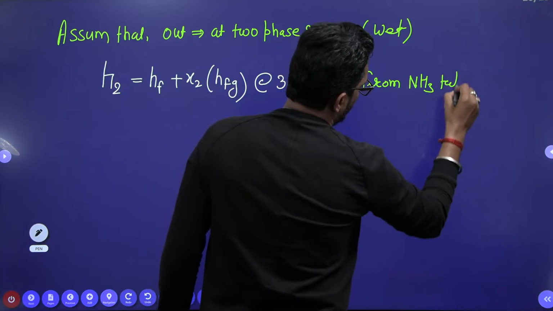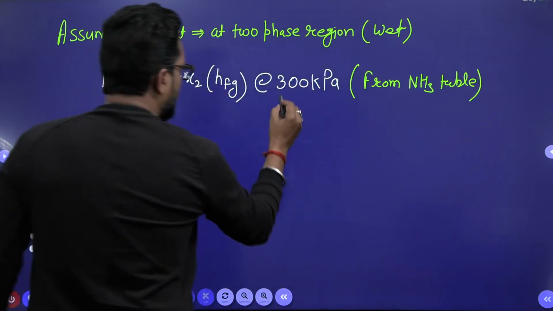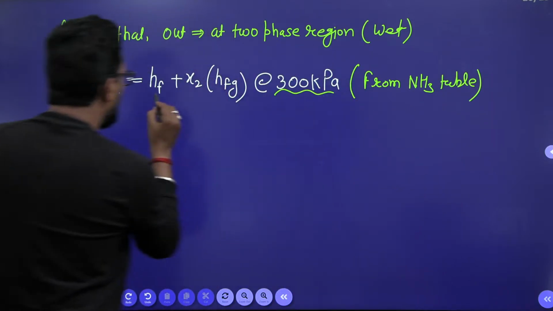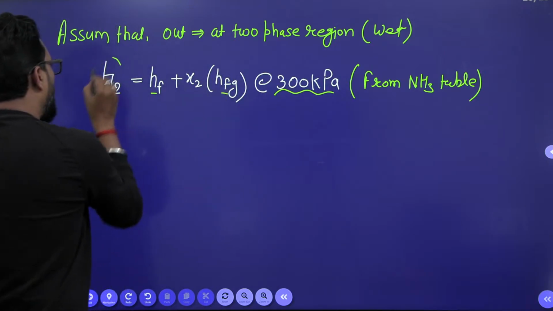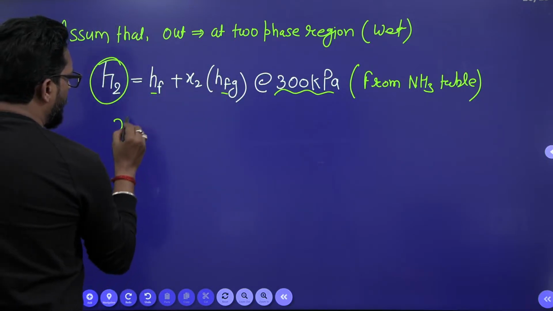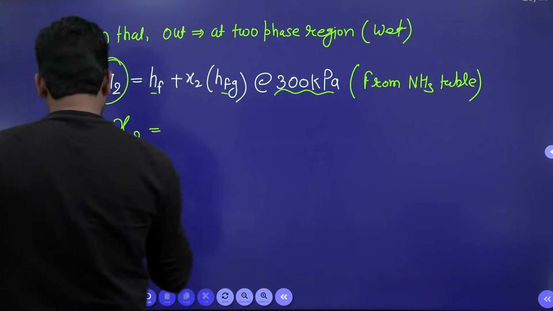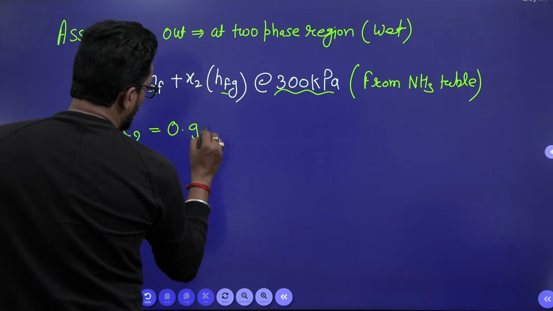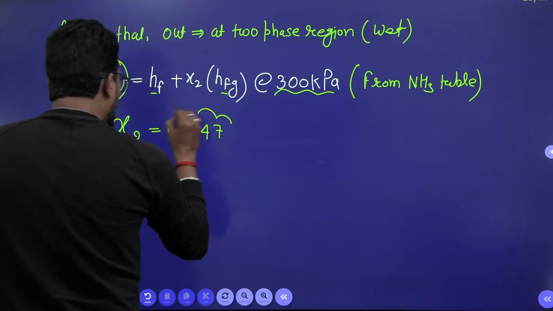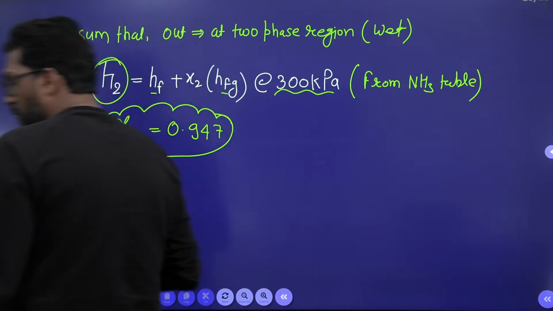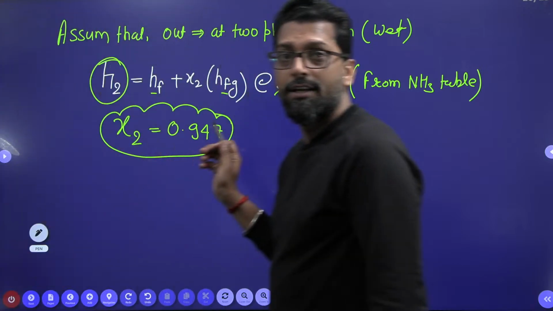If you have hf and hfg at 300 kilopascal, and you have already calculated h2, then you can find x2. The x2 is 0.947, and this is in between 0 and 1.